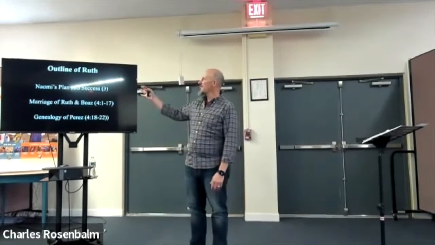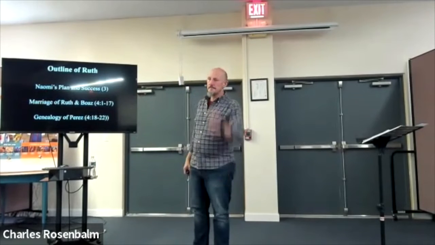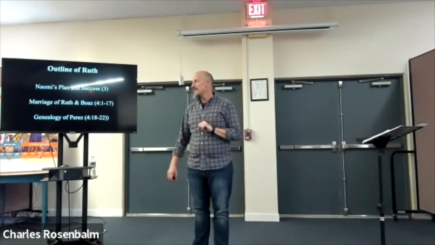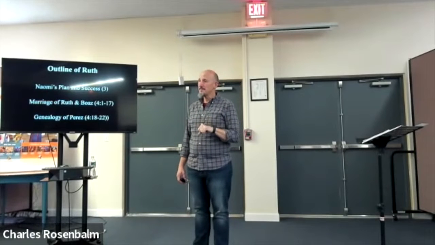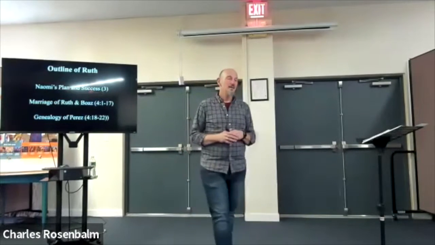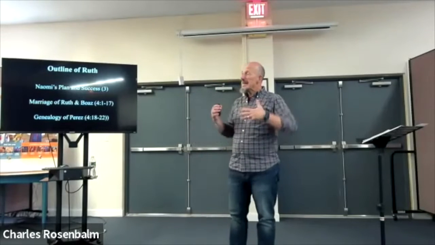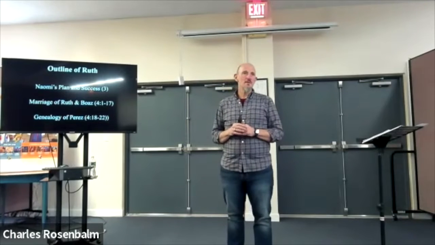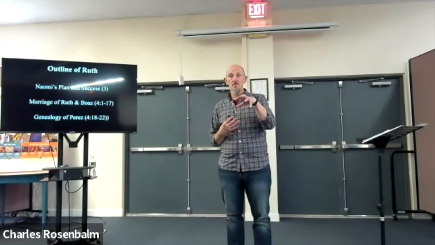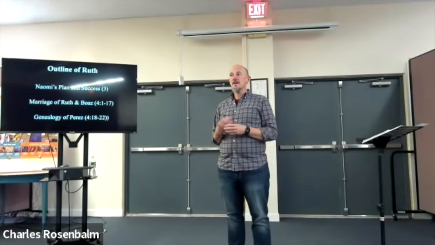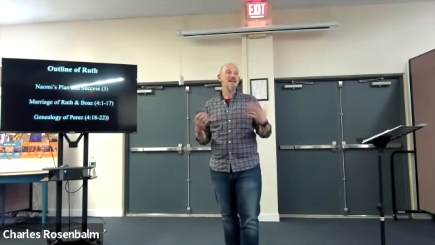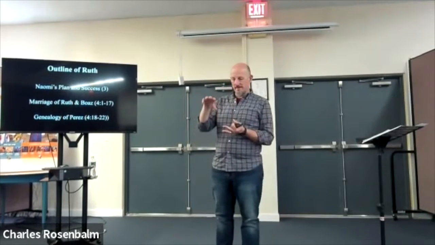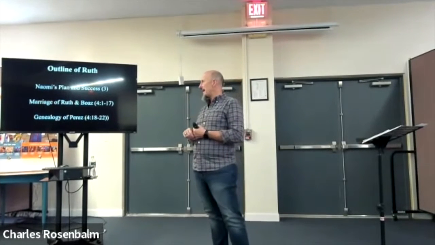She goes home and tells Naomi of her day, and Naomi has a plan. I have an idea. Turns out Boaz is a relative of Naomi's. And we'll talk more about the Levitical and Deuteronomy law that says the relative of a widow has a responsibility when she has no male heir to come in and play the redeemer, to be her advocate, to marry her, to get her land back, to give her a son to carry on her husband's name.